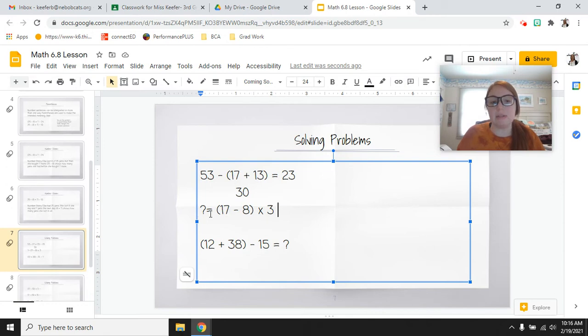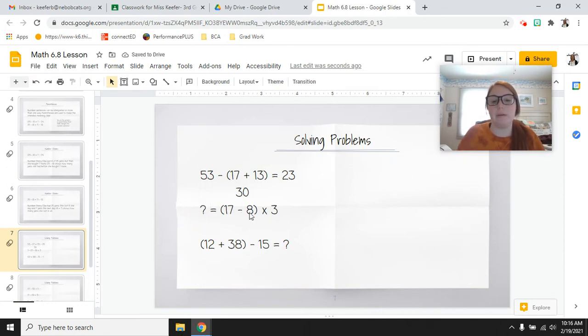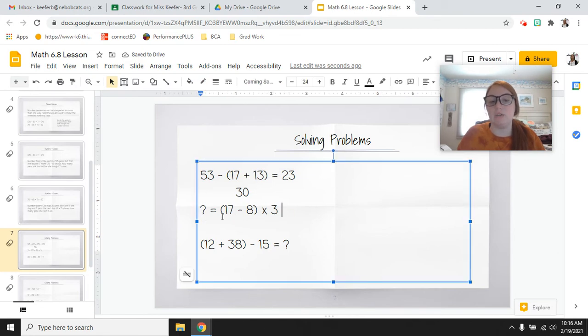So this next one looks a little different because the answer is before the equation, but nothing changes. You still just do 17 minus 8 times 3. Okay, so pause your video, and I want you to do 17 minus 8. And then once you have that number, times it by 3.